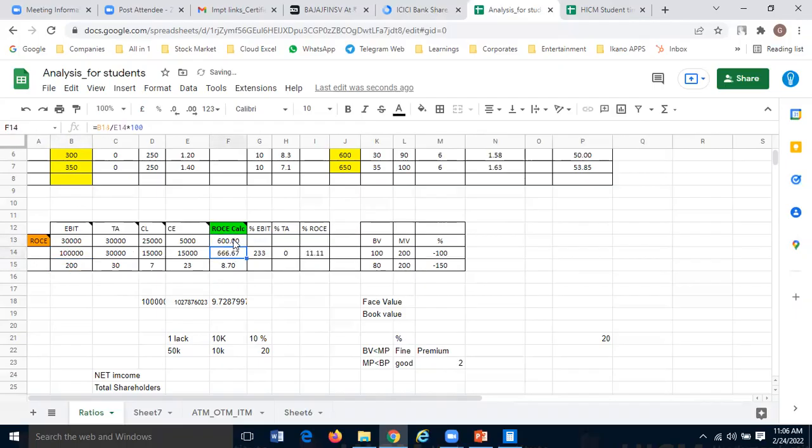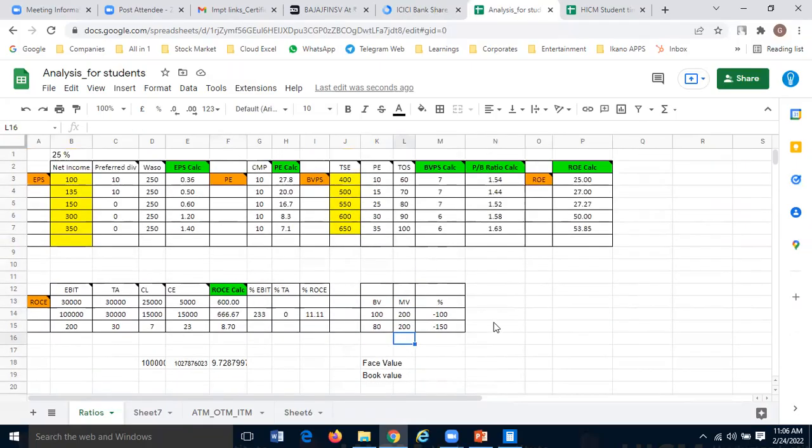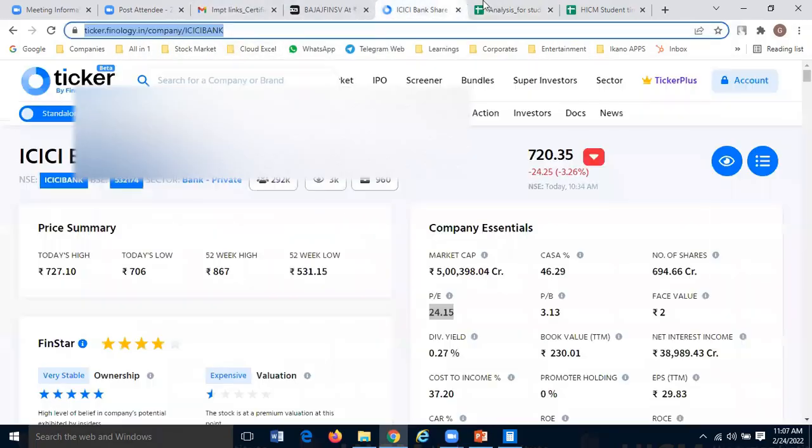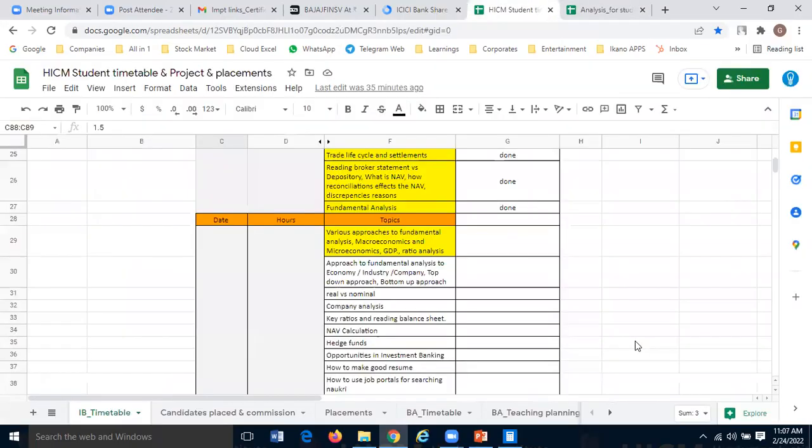Then it will become fine and ROC will increase. So this is a small part of the ratios which we have learned. Any issues in this? You have this sheet, just copy and paste and do your own analysis in these charts. I will be moving to the next chapter for the analysis part.